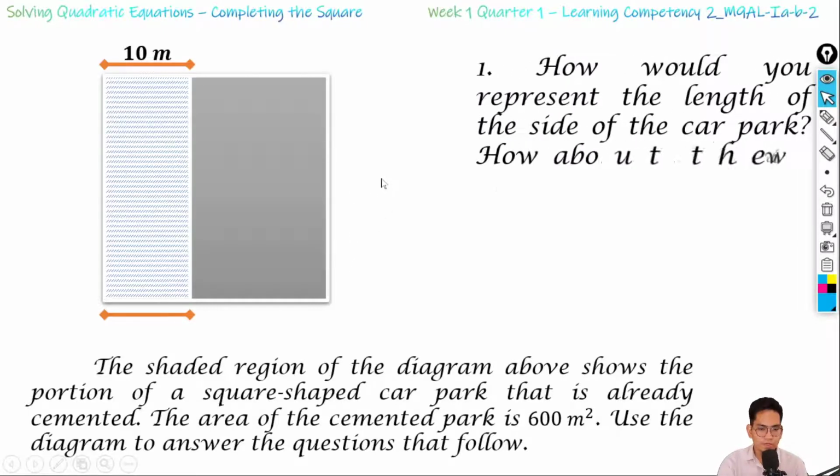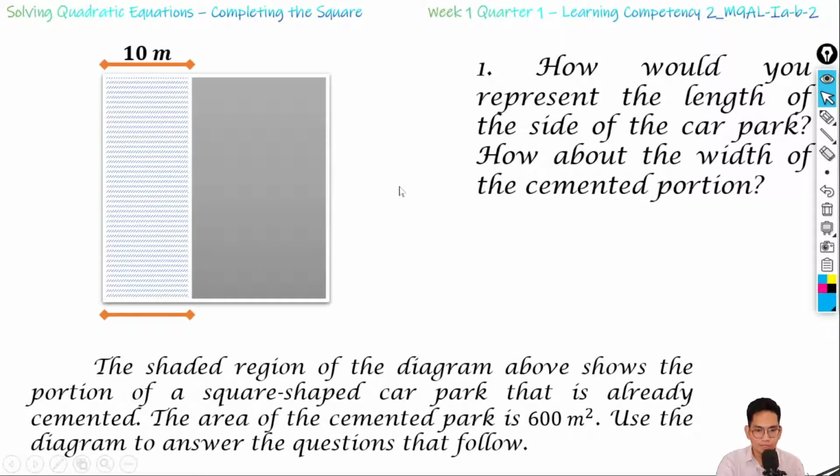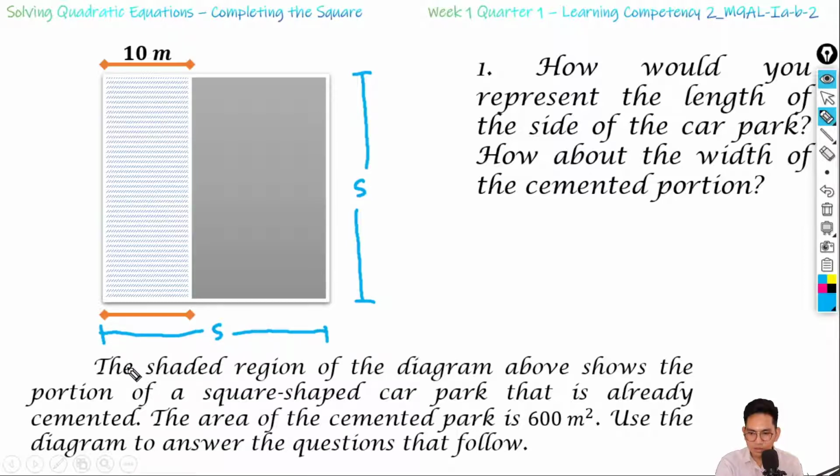For question number 1, how would you represent the length of the side of the car park? How about the width of the cemented portion? If we are going to have the dimensions here, since this one is a square, from this portion up to this portion, that is S, and therefore that is a square, this one is also S, whatever that length is.